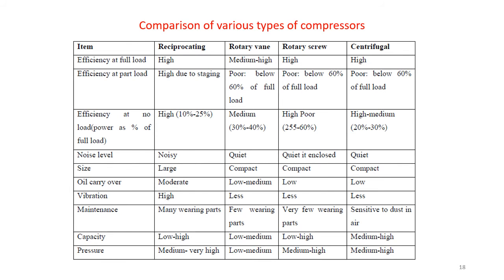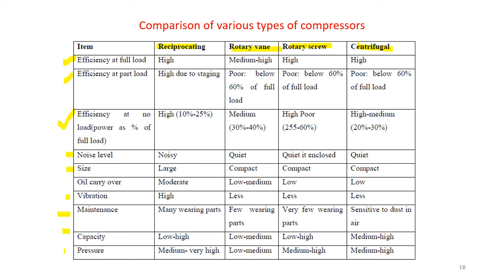So there are different types of compressors. We can say reciprocating compressor, rotary vane type, rotary screw type, and centrifugal compressors. They are compared with each other in terms of efficiency at full load, efficiency at part load, efficiency at no load, the noise level which they generate, the size, the oil carryover, then vibrations, maintenance, capacity, and pressure.